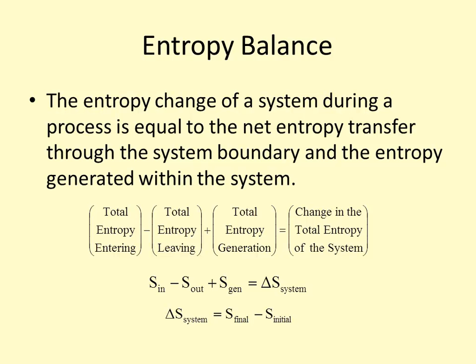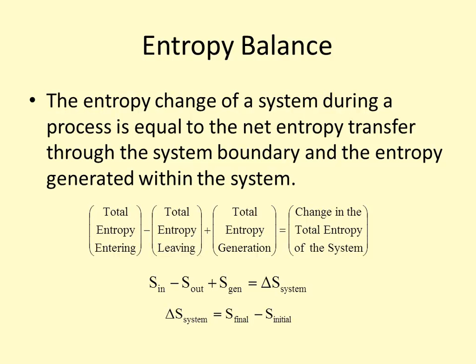So when we talk about an entropy balance, it's important to make some distinctions between entropy and energy. Okay, we know that energy also has to balance, and that energy cannot be created nor can it be destroyed. It can change forms, but it has to balance, and that accounting comes from the system and the surroundings. Okay, entropy also has to balance, but in this case, we can create entropy.